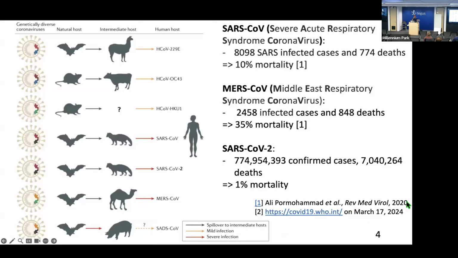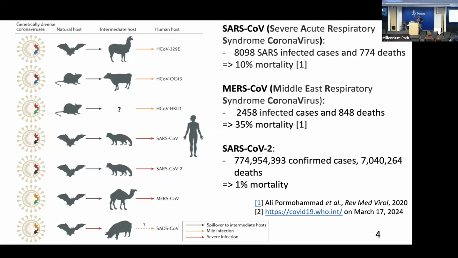Okay, so I want to briefly say, everybody knows, even if they're not biologists, chemists, or scientists, how dangerous the coronaviruses are. Everybody knows about SARS-CoV-2.